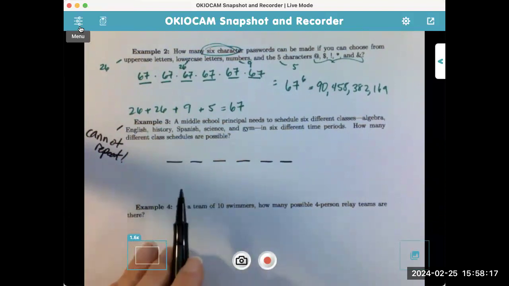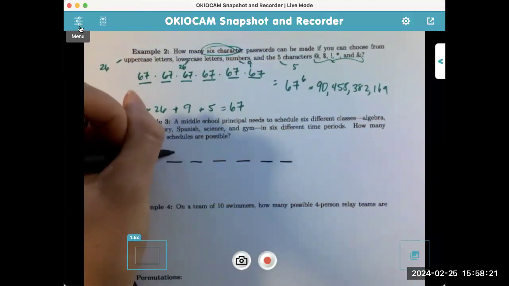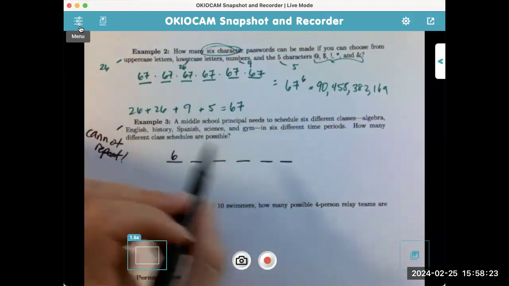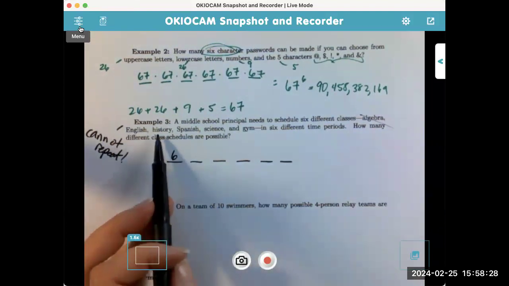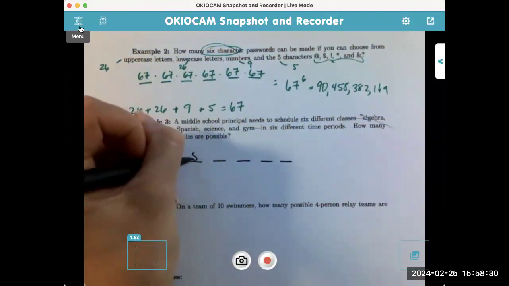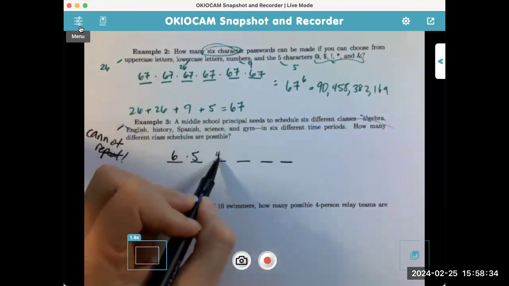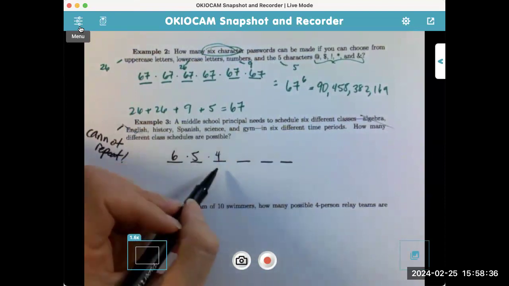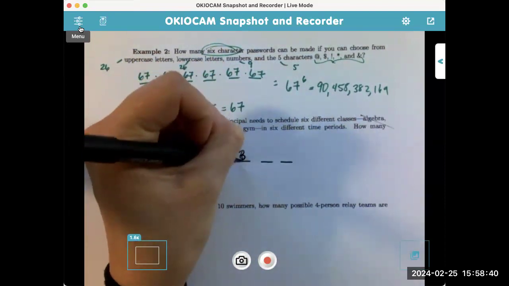Well, first period, maybe that is gym. I don't know, right? But we still have 6 options. Let's say it's algebra. So we get rid of algebra. Now we have 1, 2, 3, 4, 5 options for second period. Maybe that is English. Now there's 4 options. 1, 2, 3, 4. All right, now maybe this is gym. Whoops, excuse me, I wrote a 6, 3.